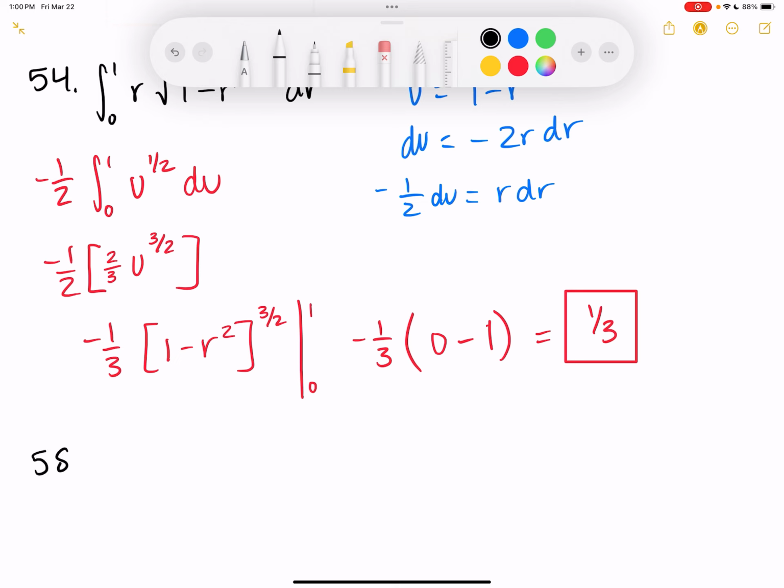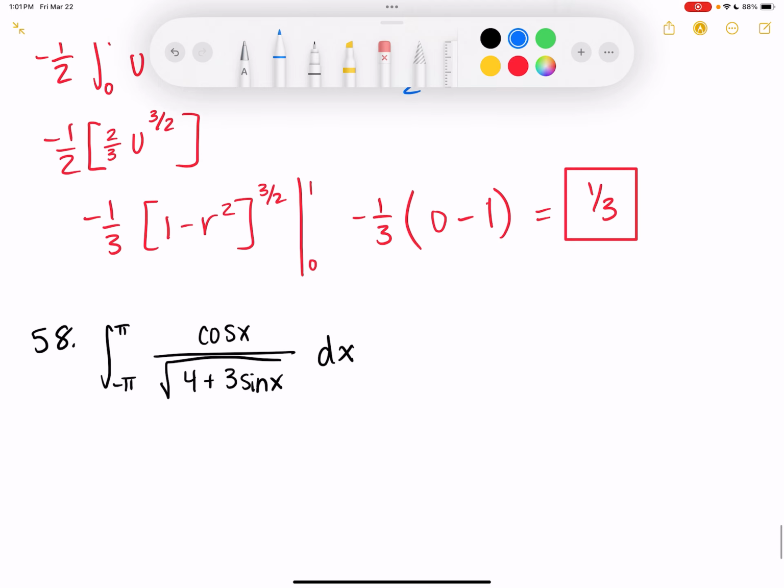58. The integral from negative pi to pi of the cosine of x divided by the square root of 4 plus 3 sine of x dx. So what do we think u should be?